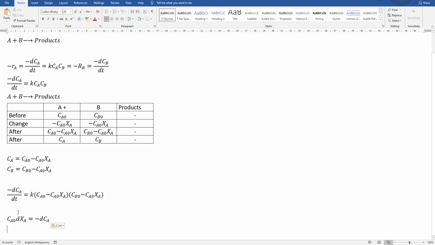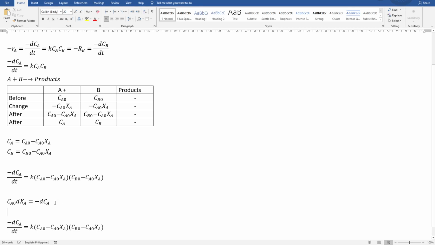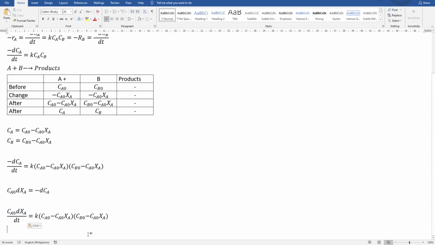So using this relationship, we substitute it to the equation. Since it's negative, we keep the negative sign. So we now have this equation.